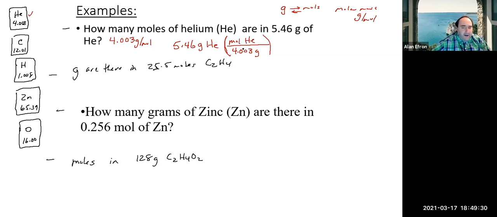That means the grams cancel, and we end up with 5.46 divided by 4.003, about 1.36 moles of helium here. And in terms of significant figures, we wouldn't look at the molar mass, so we would look at this number, 3 sig figs and 3 sig figs here. Any questions on that calculation there?